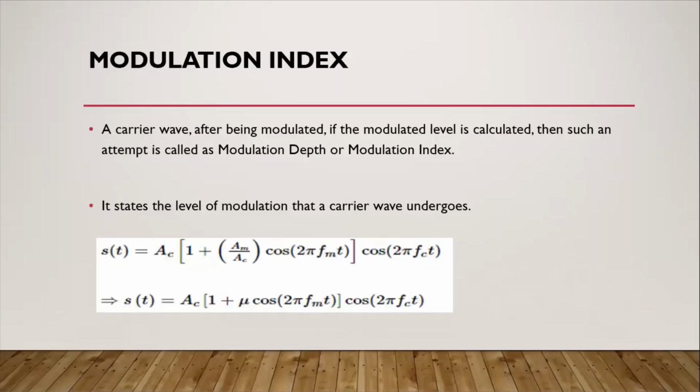These are the topics so far. The next topic is the modulation index. What is the modulation index? Modulation index describes a carrier wave after being modulated. If the modulated level is calculated, that term is called the modulation depth or modulation index.